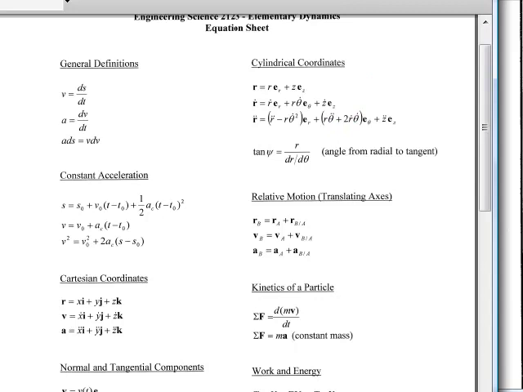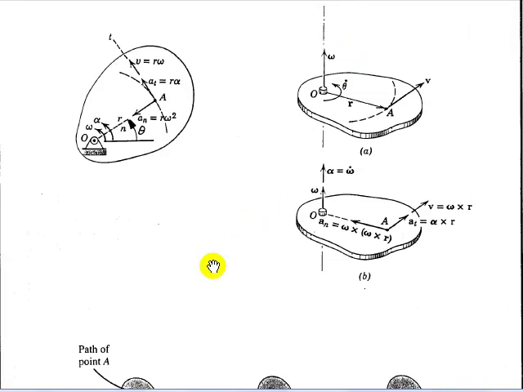Let's get this out of the way. And so again, see that we have 2 acceleration terms, r omega squared inward, which is r theta dot squared, and r theta double dot, or r alpha, in the tangent direction. That would allow us to work problems purely planar, in which we have a rigid body pivoting about a fixed point.